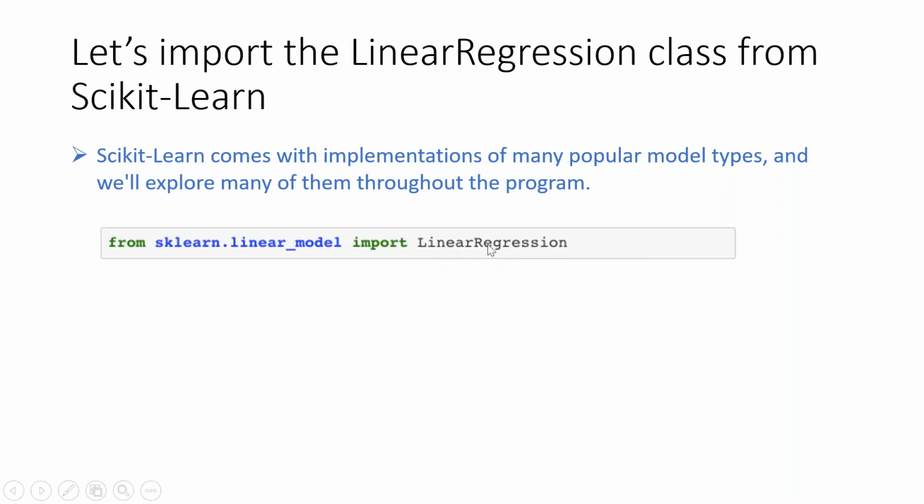L is caps, R is caps, no space. And again, you have to keep on remembering this sklearn.linear_model. Sometimes classifiers will be in another library. Then clustering algorithms will be in another library. So we'll keep coming to them. So they've organized the scikit-learn algorithm library into sublibraries and put various algorithms in them.